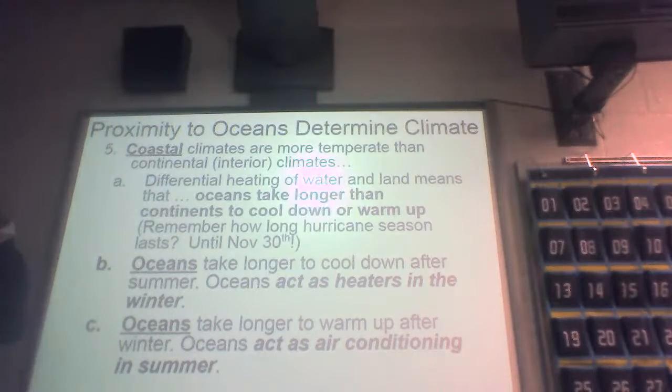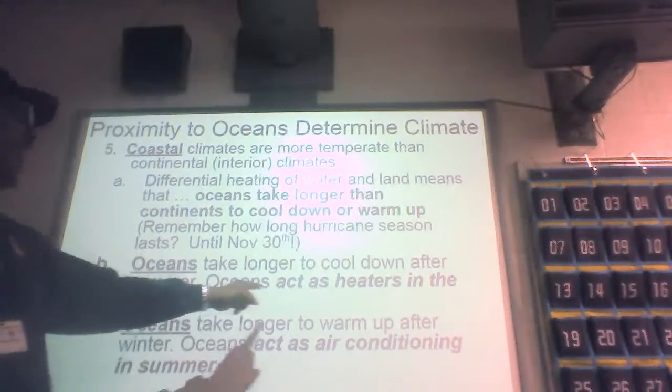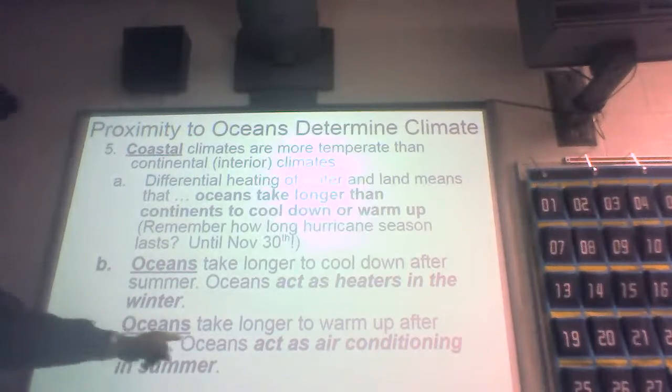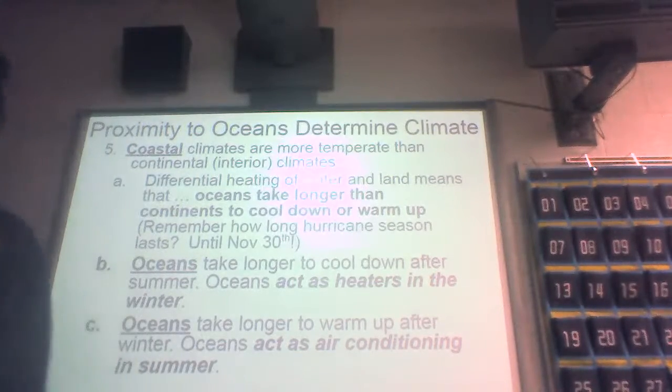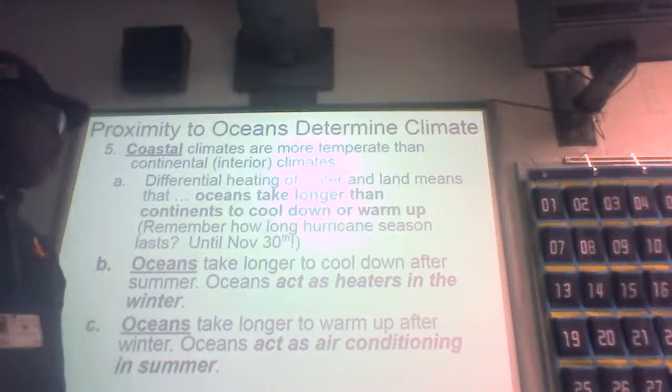But what I want you to remember for testing purposes is that the oceans take longer to cool down after the summer. Okay? So on point B, oceans act as heaters in the winter. Oceans act as air conditioners in the summer. Those are two things that will be on the test that I am asking you to put in your notes and be aware of.